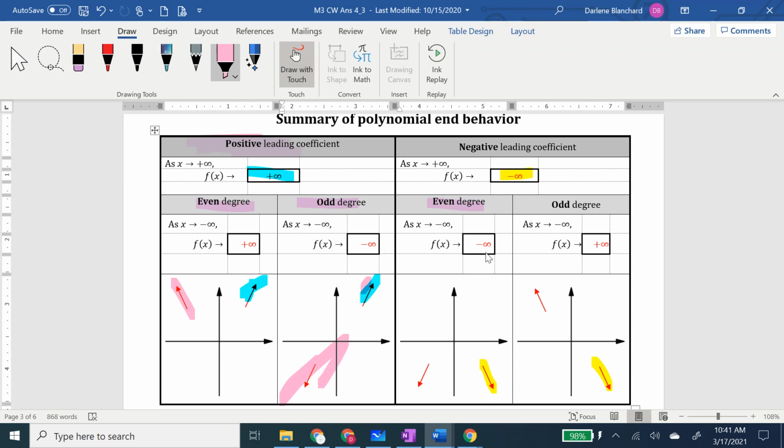Even degree means the left end does the same as the right end. They both go down. Odd degree, the left end heads in the opposite direction as the right end, and that causes the left end to head up if that right end is going down.